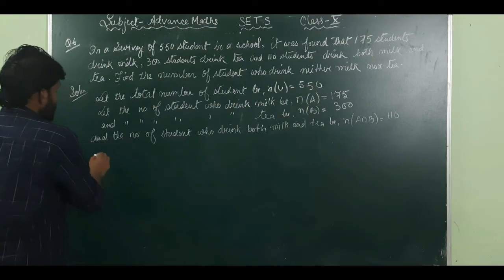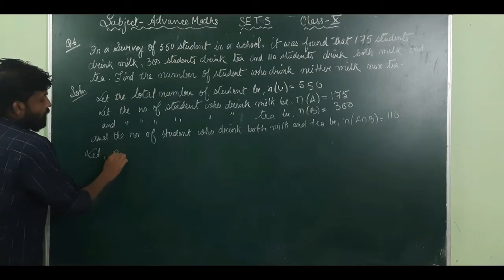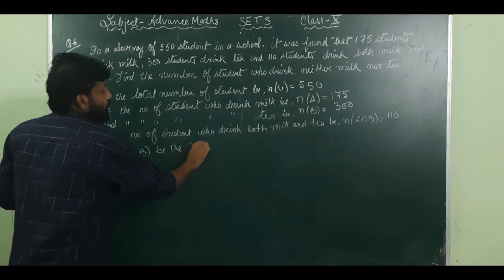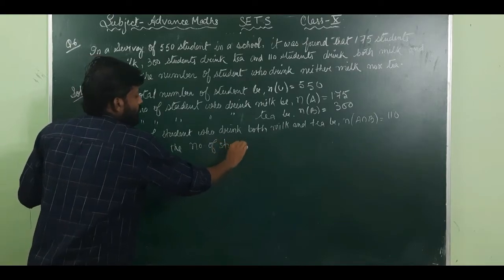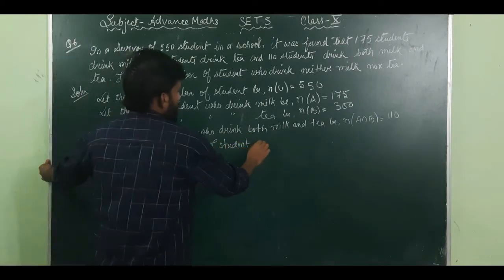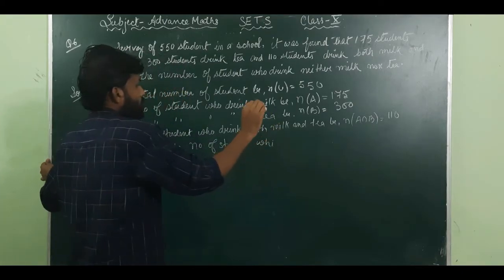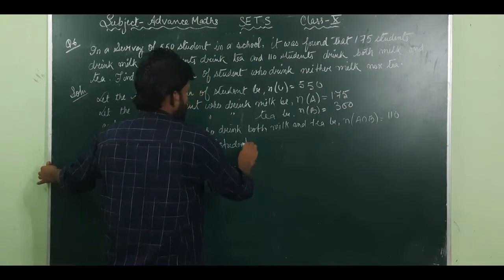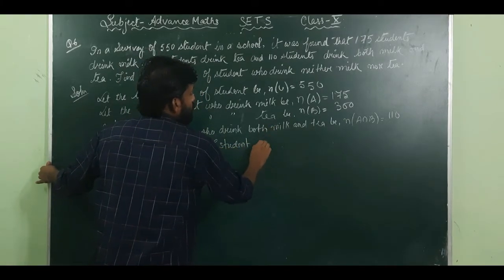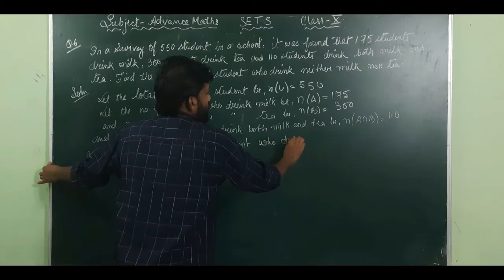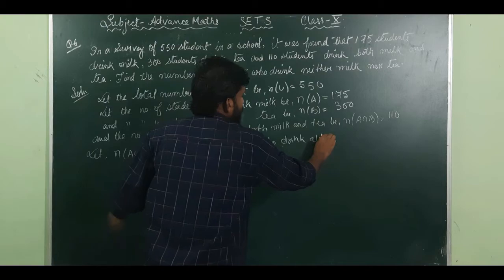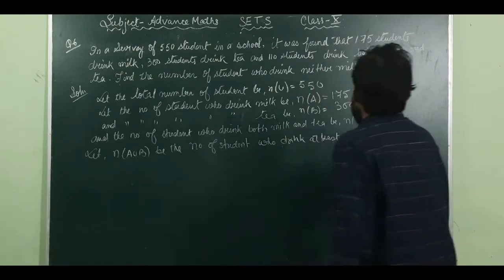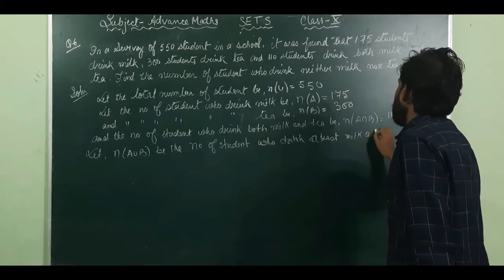So what we can write here: let n of A union B be the number of students who drink at least milk or tea.